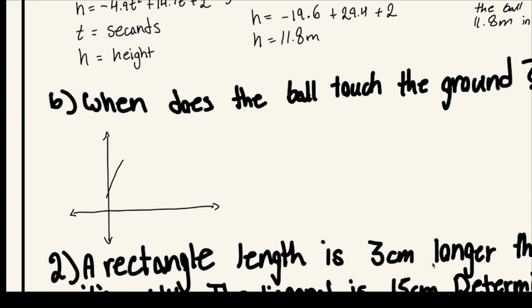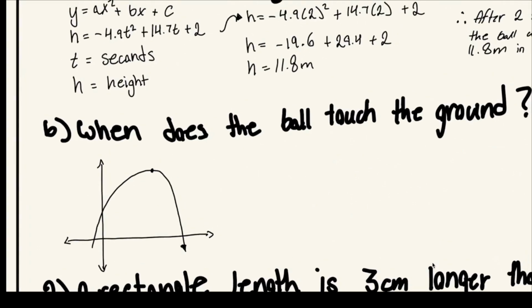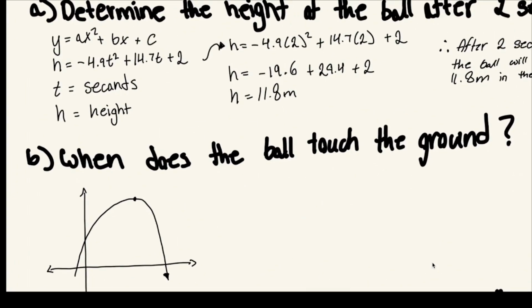So we know that it's going to look something like this. Oh wow, that's bad. Give me a second, let me do it again. It's going to look something like that. It's not drawn to scale at all, but based off the equation, that's kind of what it's going to look like.